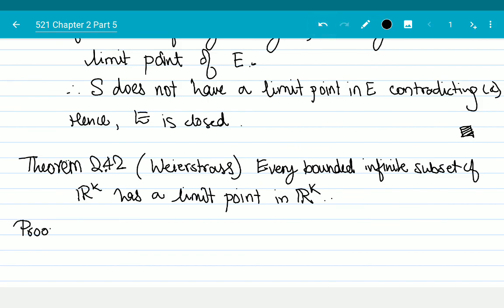Proof. Well, if E is bounded, then it is part of some closed subset, right?